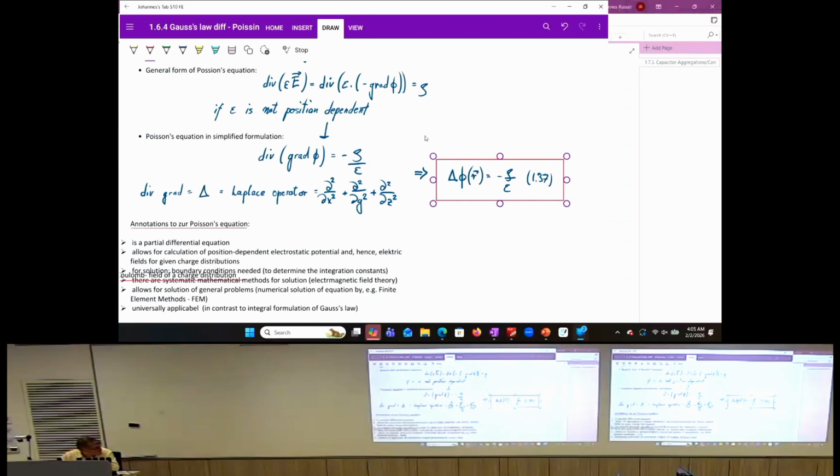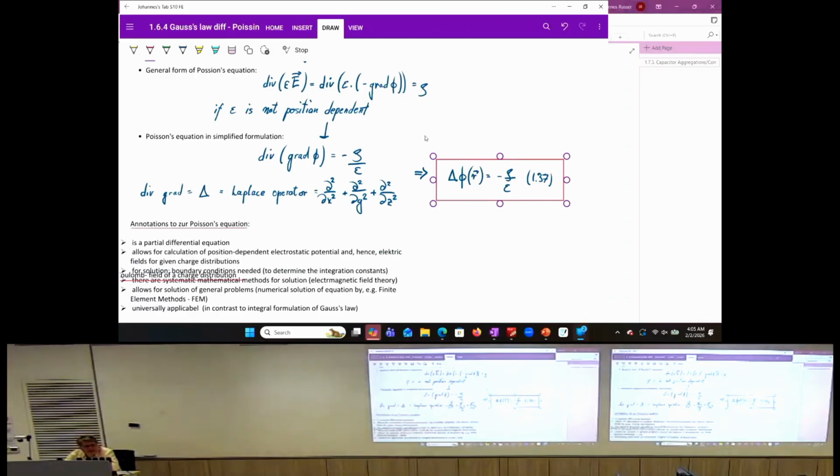For that, you find also special tools like the finite element method. And these are then quite universally applicable. That is different from the integral formulation of Gauss's law, which kind of limits you to special cases.